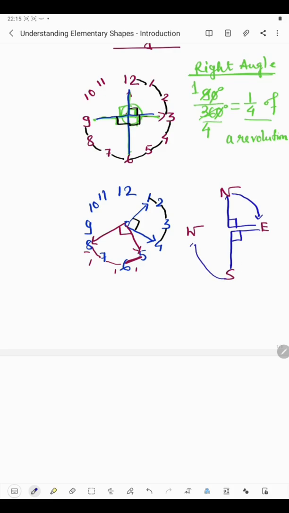South to west forms a right angle, and west to north is a right angle. So in every step a right angle, 90 degrees, is formed.